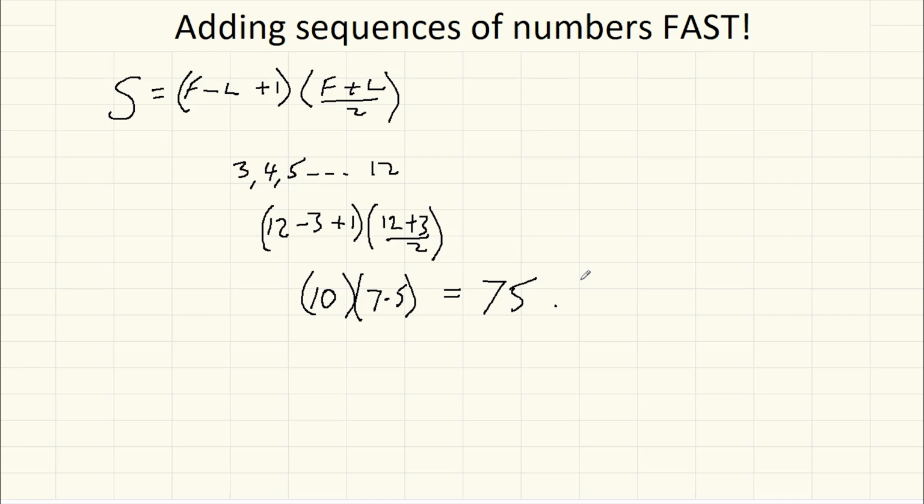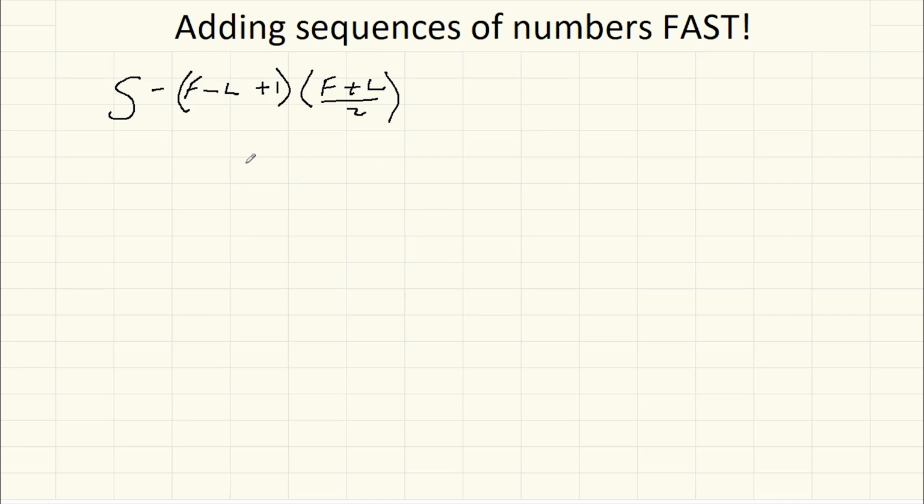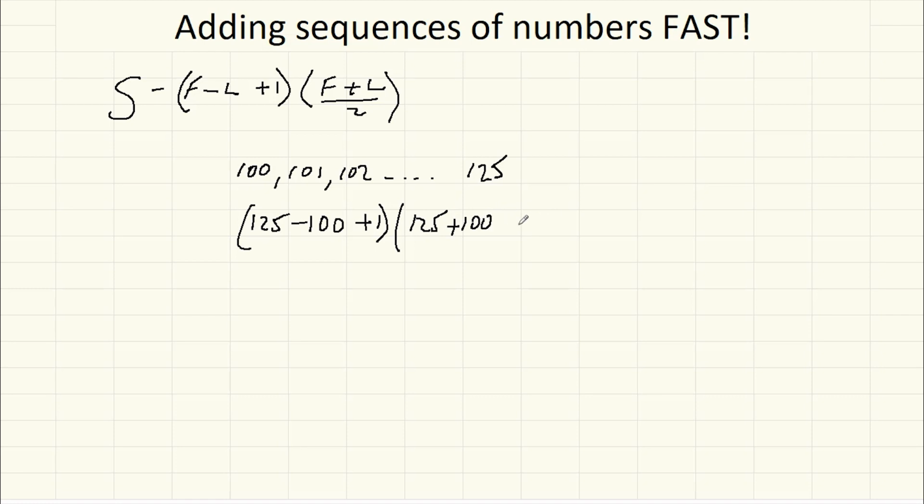Let's try another one. Let's go for 100, 101, 102, all the way up to 125. Okay, first minus the last, so that's 125 less 100, and then add on 1 is the first term, and the second term is first plus last, so it's 125 plus 100 divided by 2.